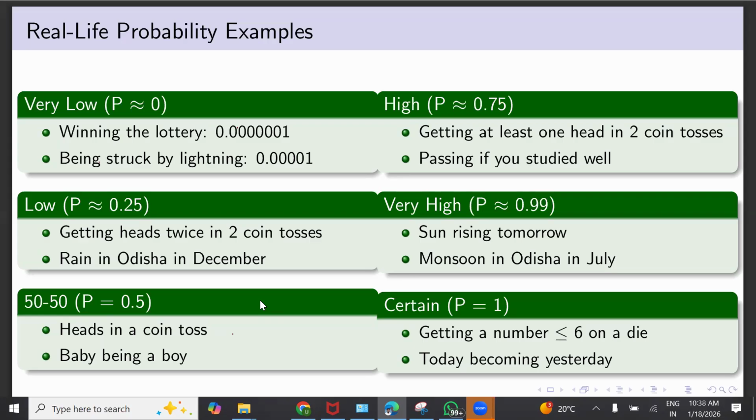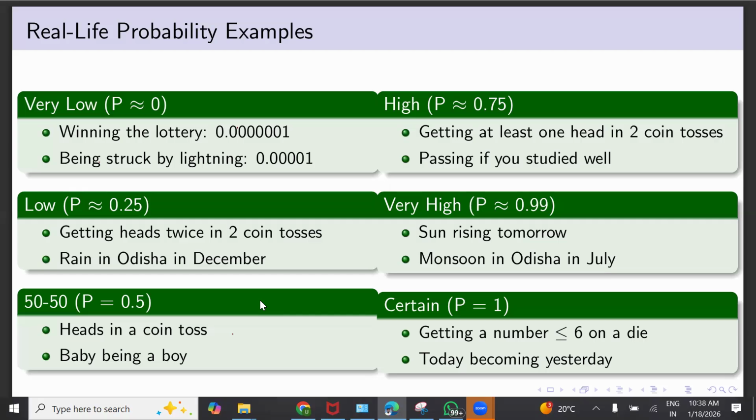And 50-50: head in a coin toss, baby being a boy. High probability: getting at least one head in 2 coin tosses, clearing UGC NET June 2026 if you studied well. So it is a high probability, 0.75.